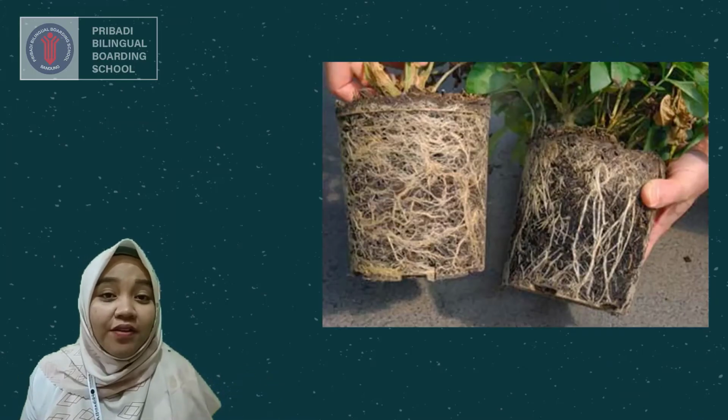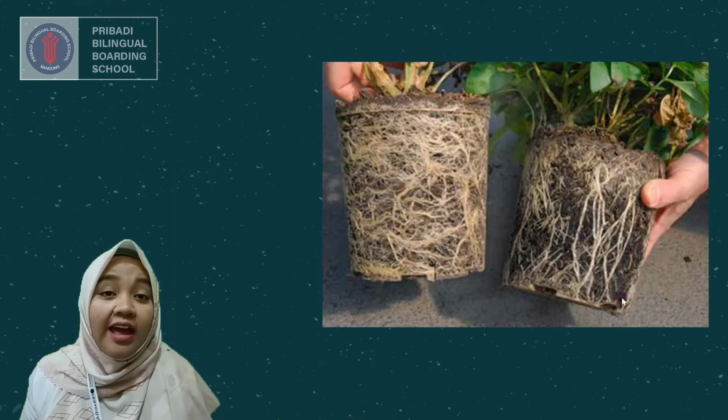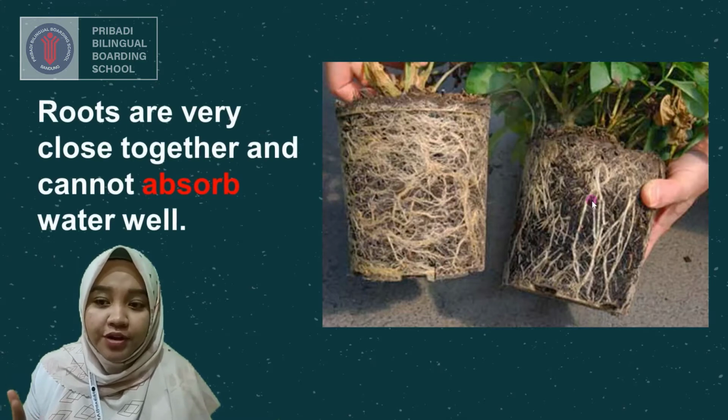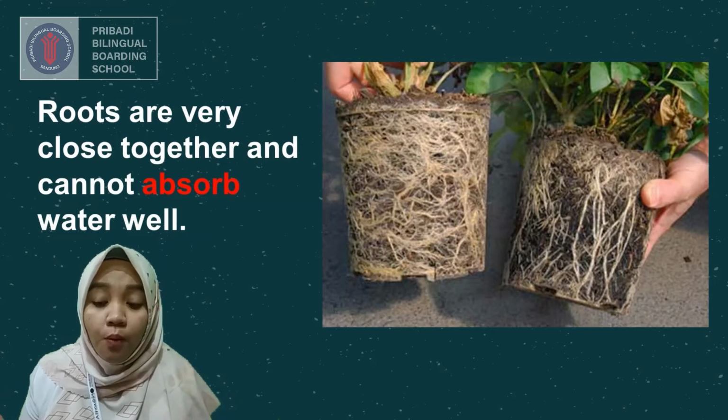Here we have the comparison of the roots which grow very close to each other and the healthy roots that have enough space. Do you know that when the roots are very close together, they cannot absorb the water well?